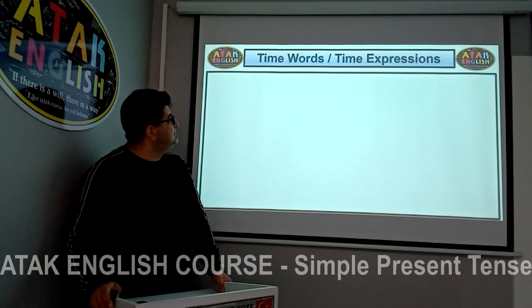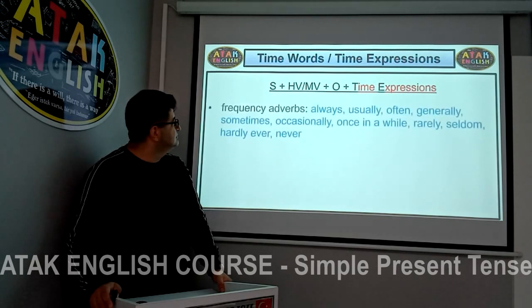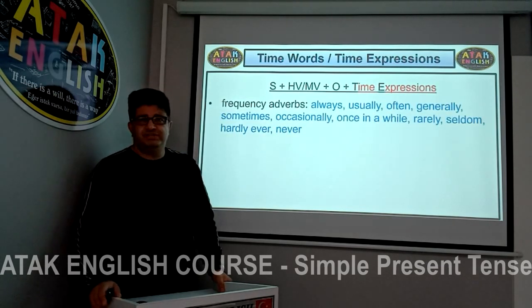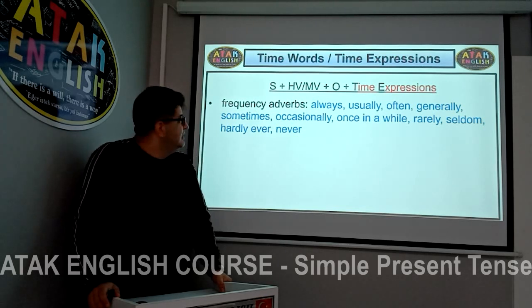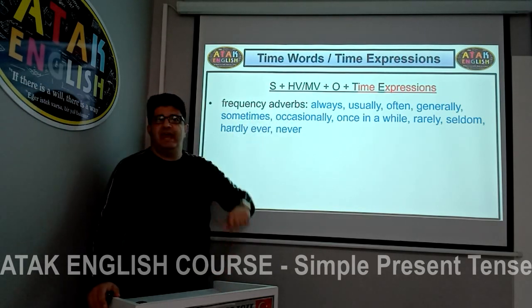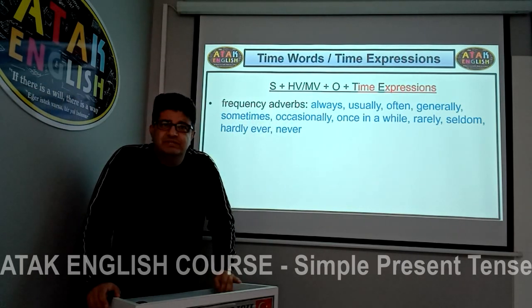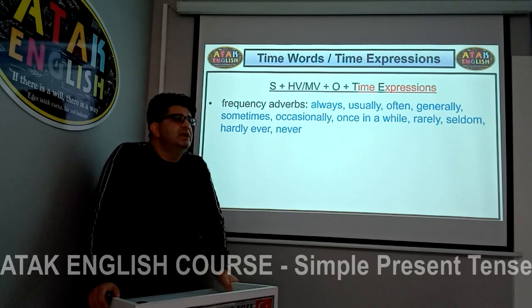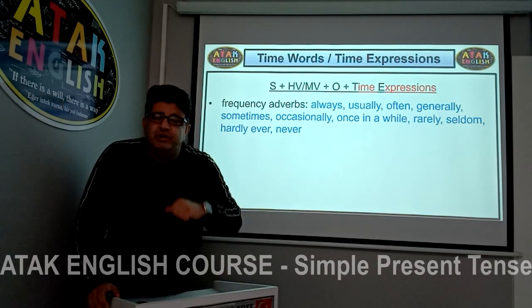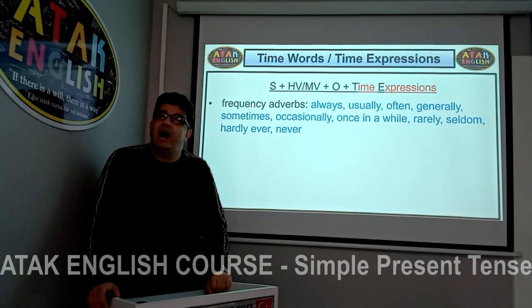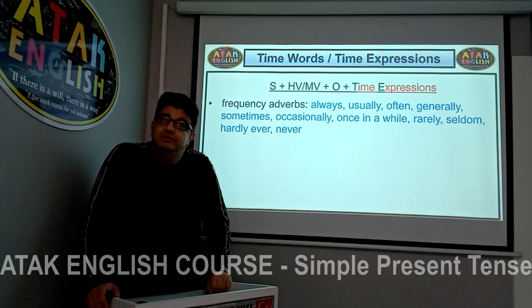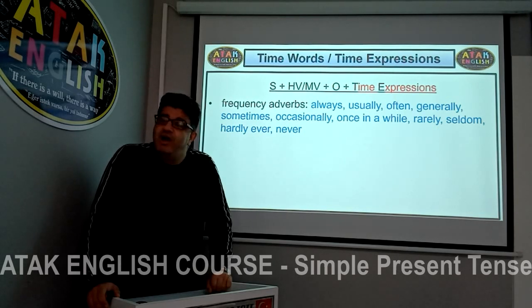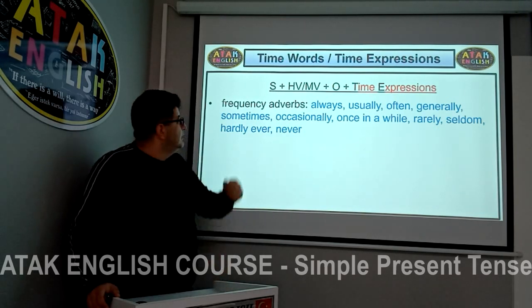Okay, let's talk about time words and time expressions. We already mentioned before that we were going to talk about frequency adverbs. Okay, what are frequency adverbs? Frequency adverbs are giving us the answer of the question, how often do you do something, for example? How often? The question, how often?